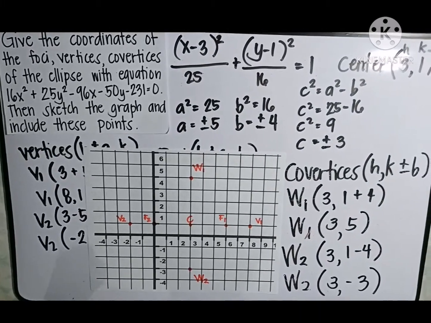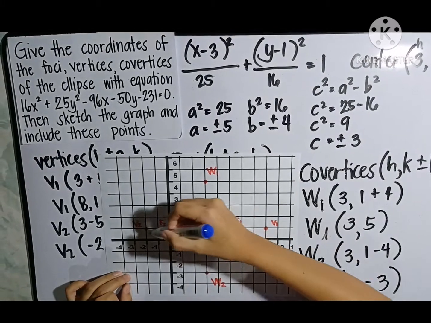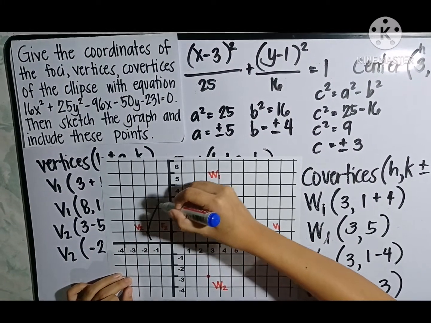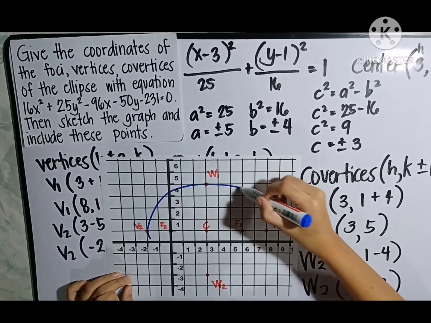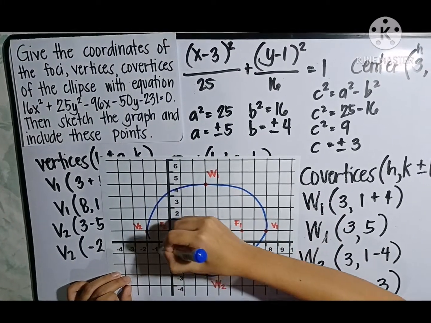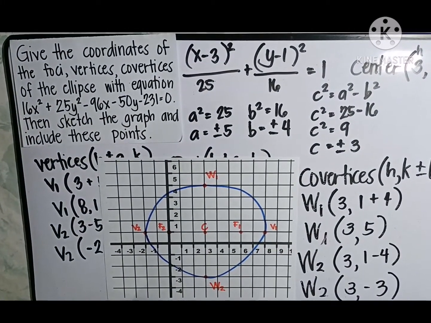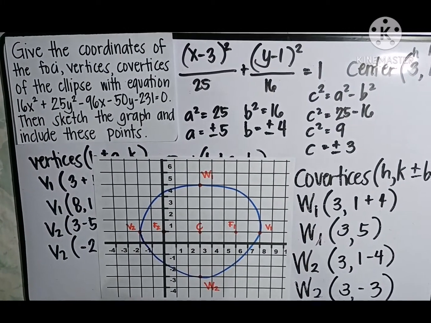Now that we already have our points, we can now draw our ellipse. And that is our ellipse.